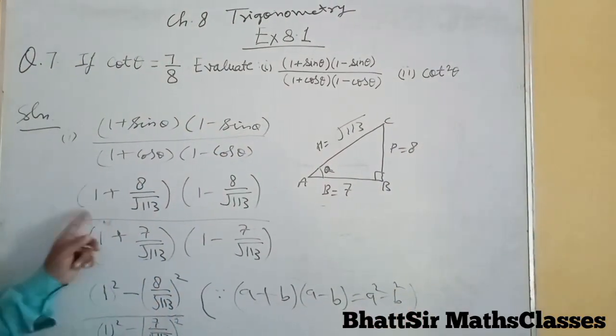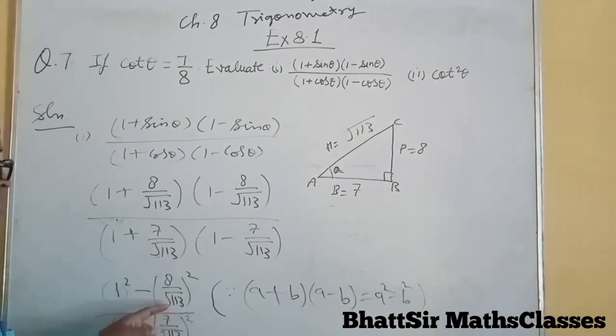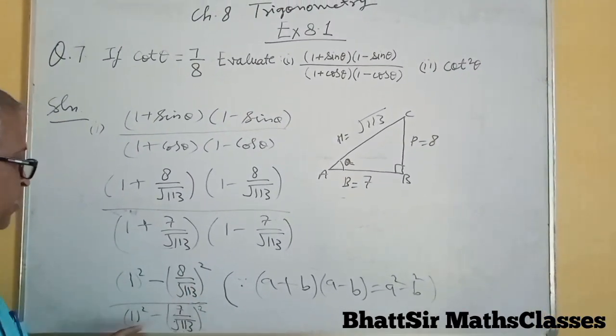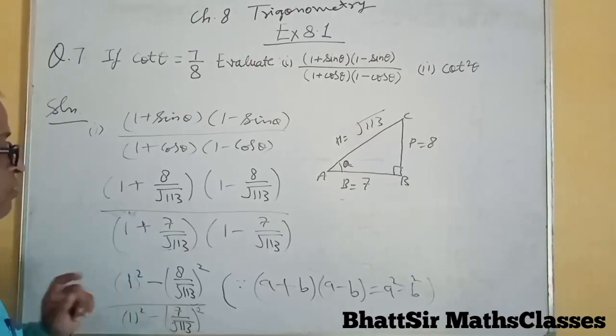Using this identity, we may write 1 square minus 8 upon under root 113 whole square, upon 1 square minus 7 upon under root 113 whole square.